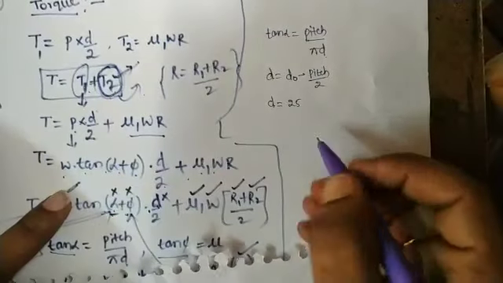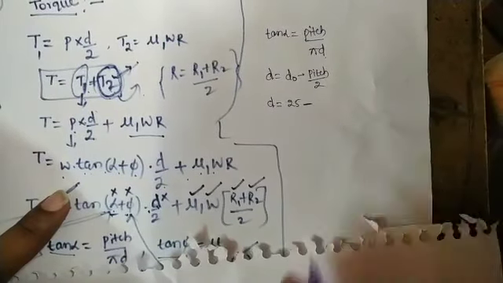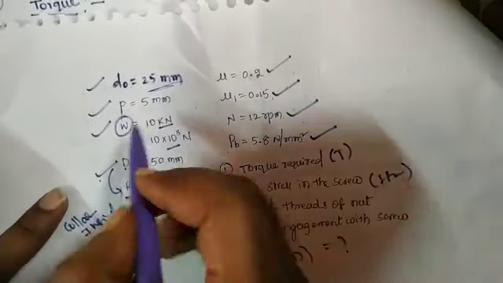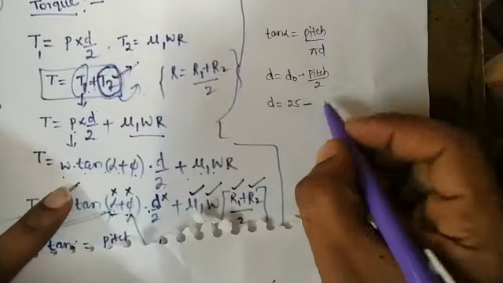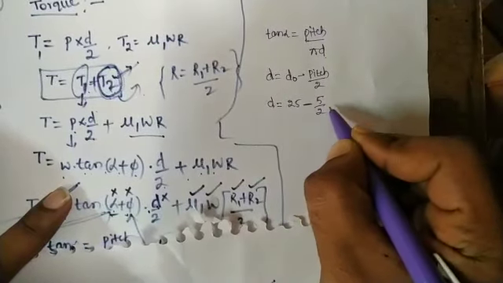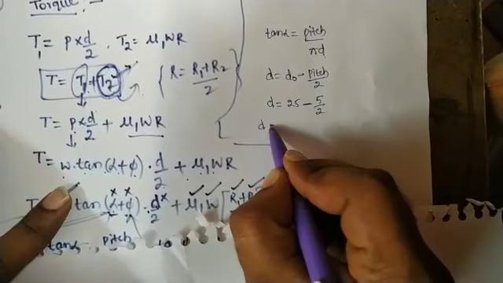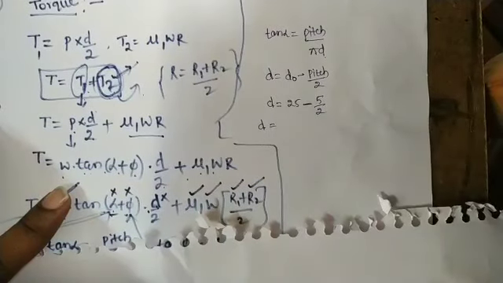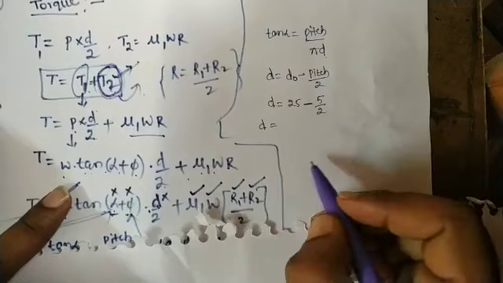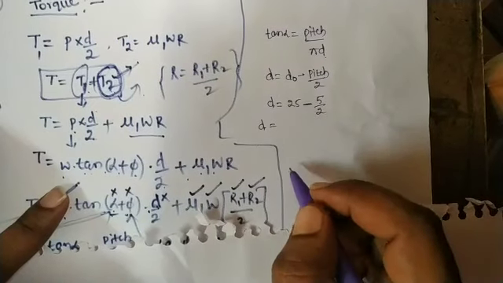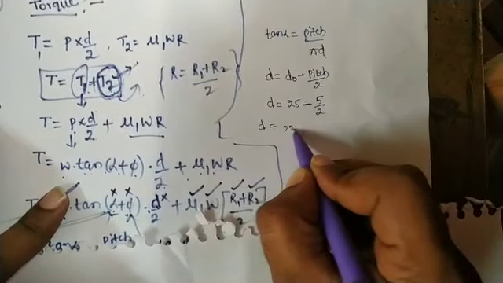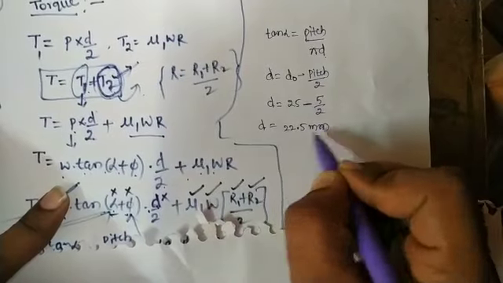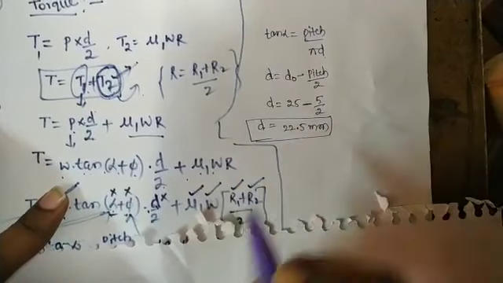So 25 minus, in terms of mm, pitch equal to 5 mm, 5 by 2. Then small d equal to 22.5 mm. This is the value of small d.